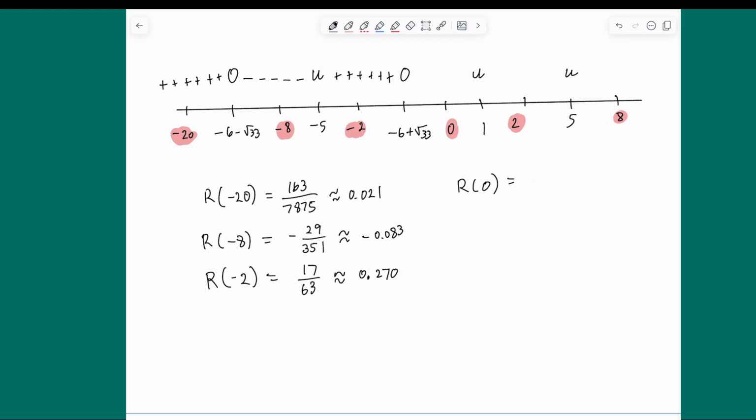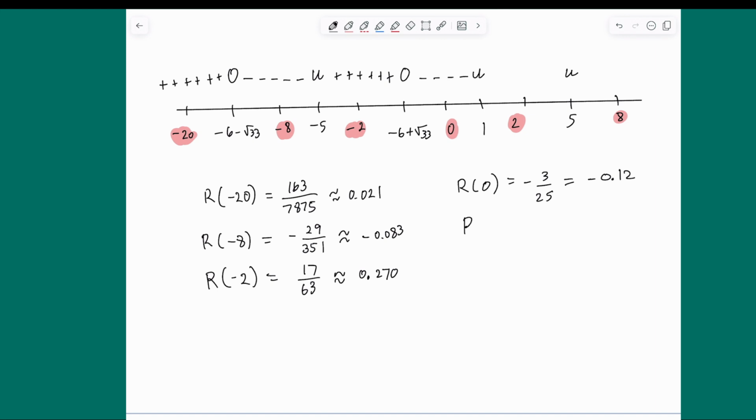R of 0 would be negative 3 over 25, which is equal to negative 0.12. All right, and that means it's negative between negative 6 plus root 33 and 1.